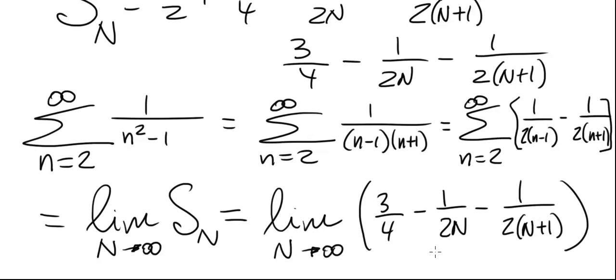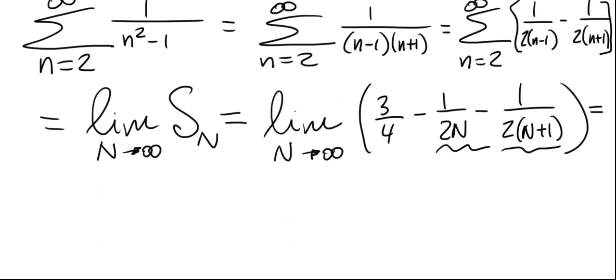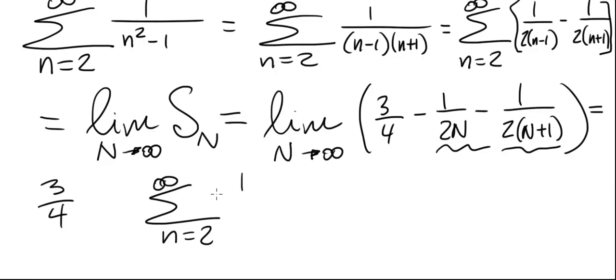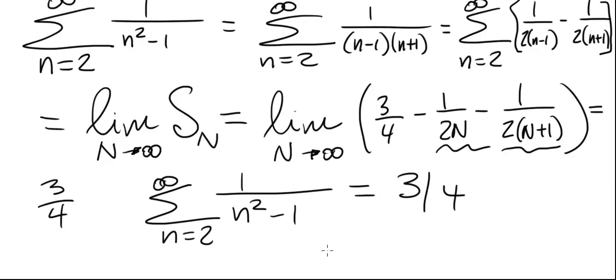And so both of these that have the 2n and 2n plus 1 in the denominator, those go to 0, and the final answer is 3 over 4. So we can now make the final summary that the series summation from 2 to infinity of 1 divided by n squared minus 1 converges to 3/4.